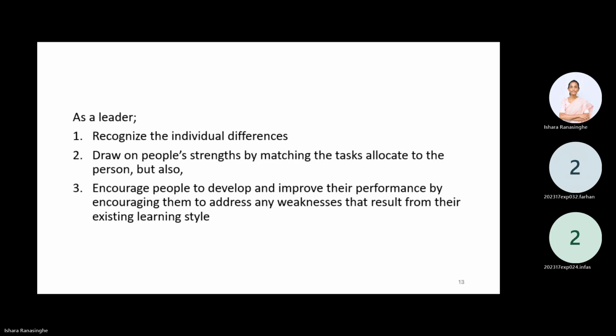As leaders, it is required to recognize individual differences. It will be different.